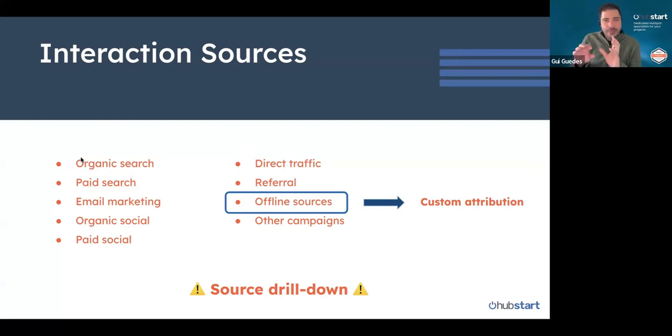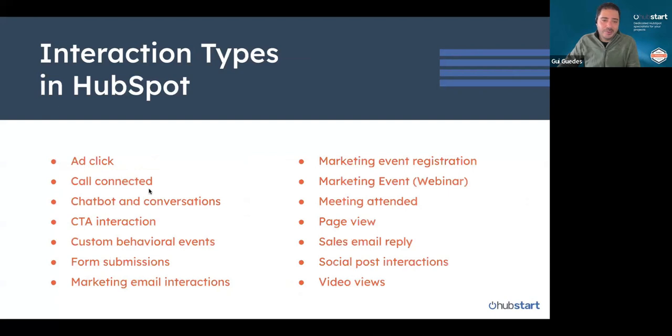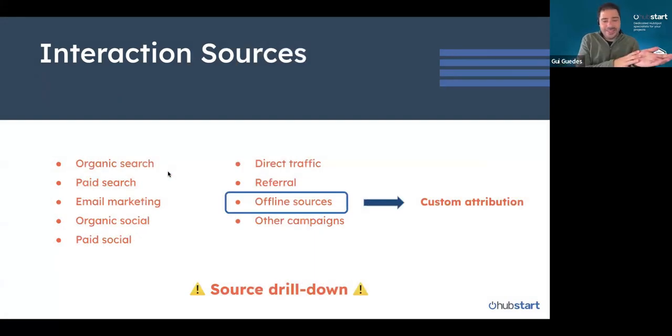These hints can help you separate them into different groups of people. Someone that got created, for example, through a paid search. Okay, that's an ad that brought this person to us, but this person keeps coming back as direct traffic. First, this is a good thing because they're not spending our money on ads, and they just remembered us.